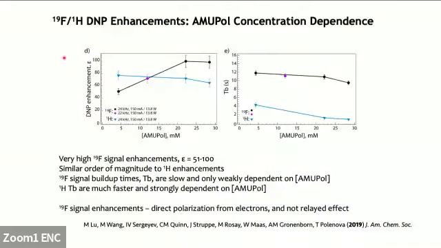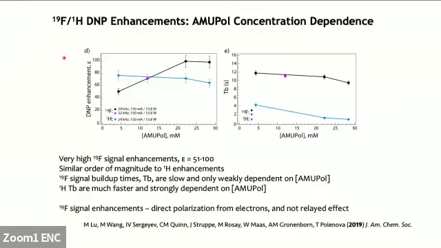Now what's interesting about these fluorine-based signal enhancements is that they are of the same order of magnitude as the proton signal enhancements. This is the black curve here, and the proton enhancements are in blue. For large AMUPol concentrations, the fluorine enhancements appear to be slightly higher. Another thing we were curious to understand is whether the effect is relayed or direct.